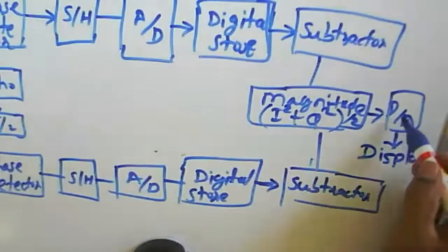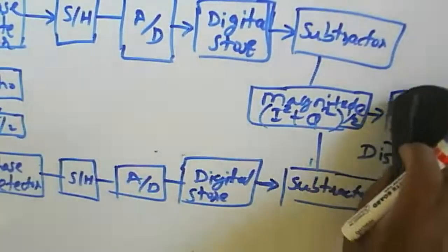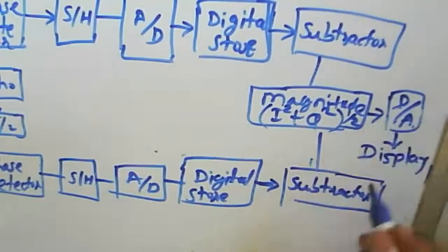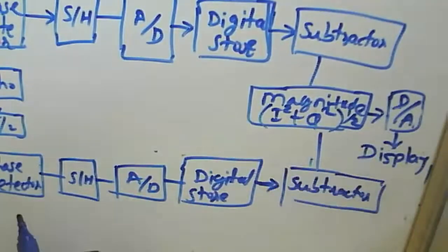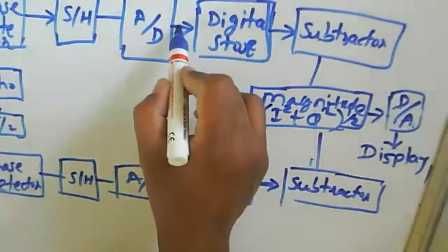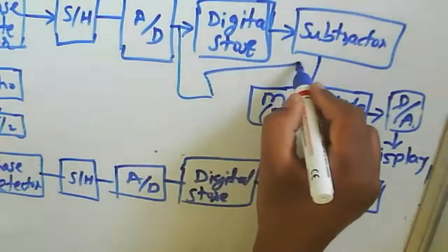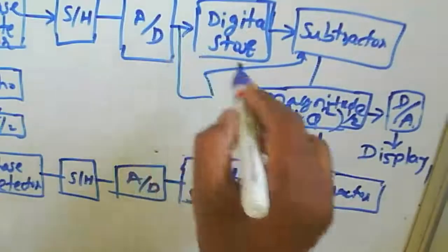Whatever the digital storage signal is, we provide as input to the subtractor, regarding the A to D information.